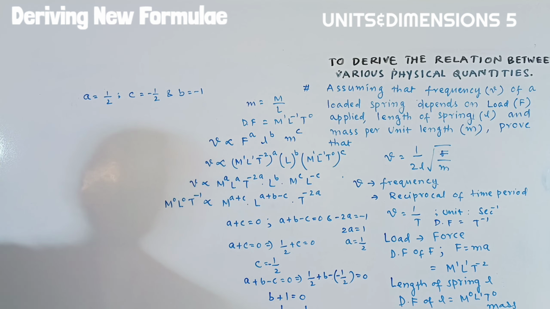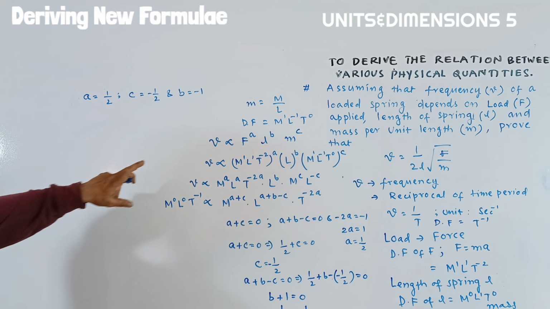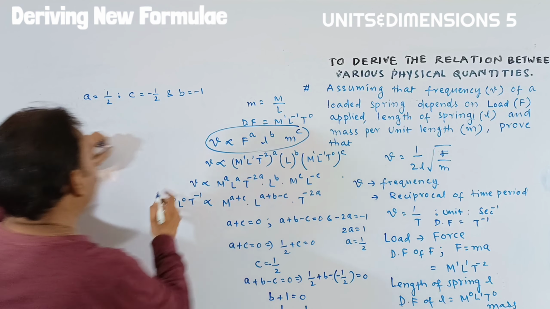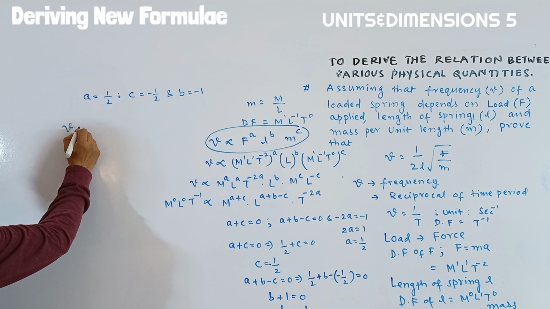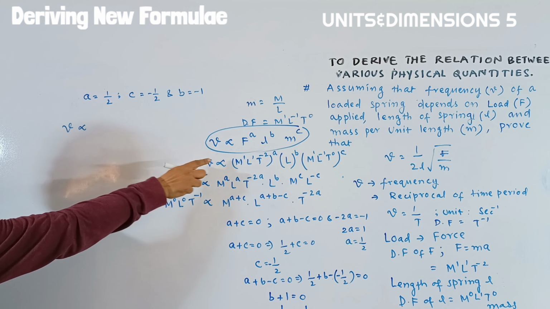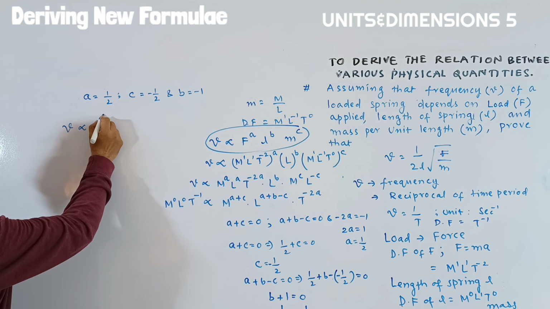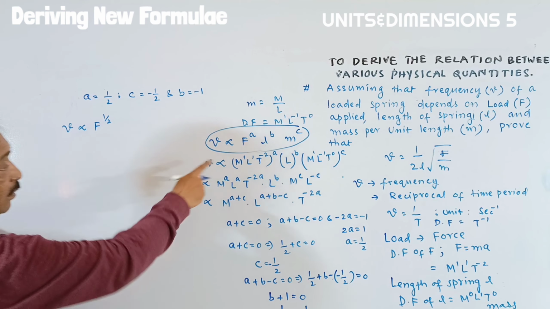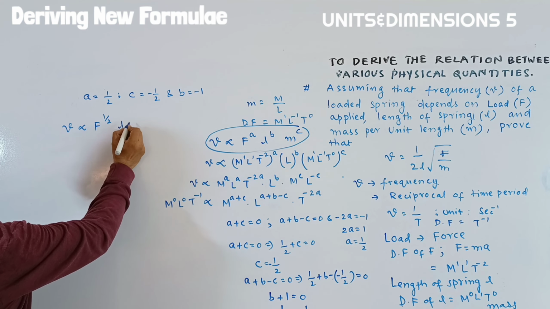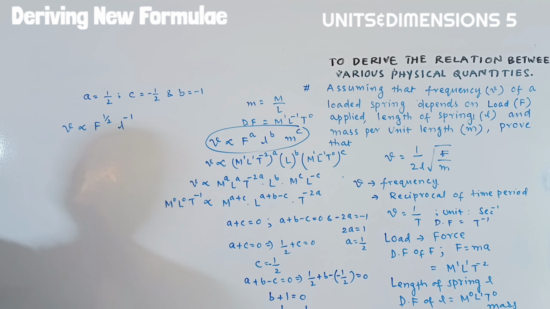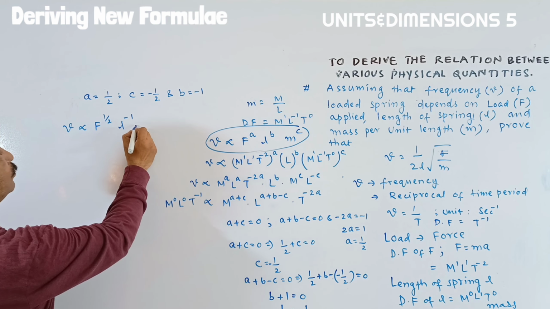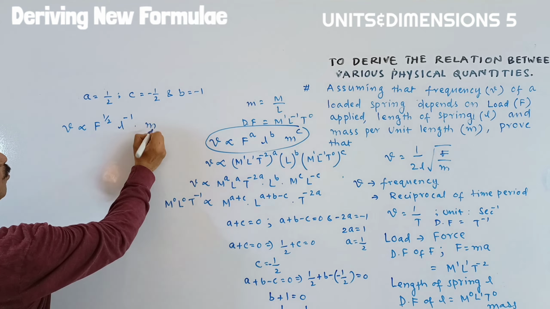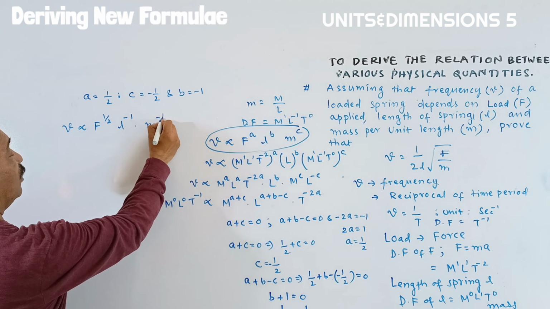Okay, students, now we have to substitute all this in this relation. That is, nu is proportional to F, force, to the power of half, L to the power of minus 1, and M has a power of minus half.